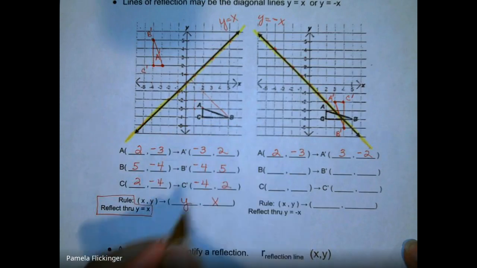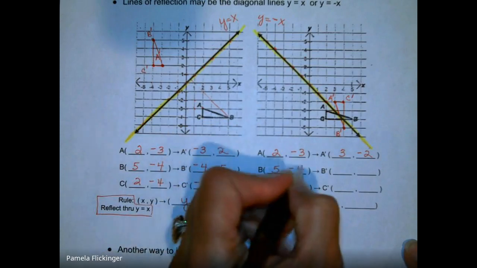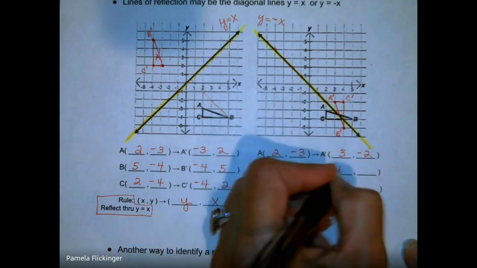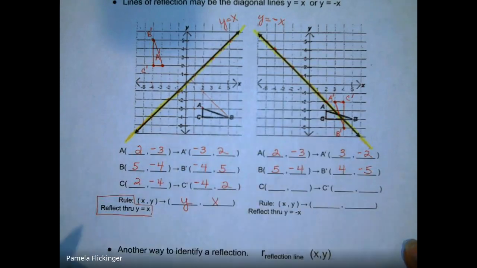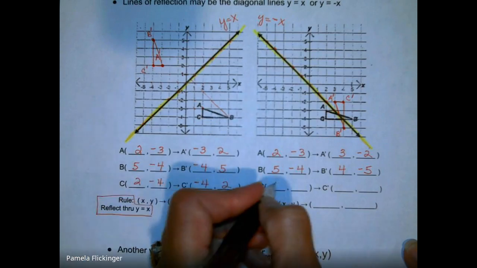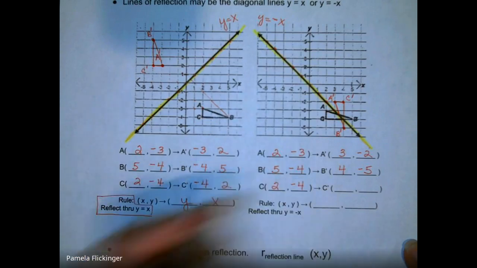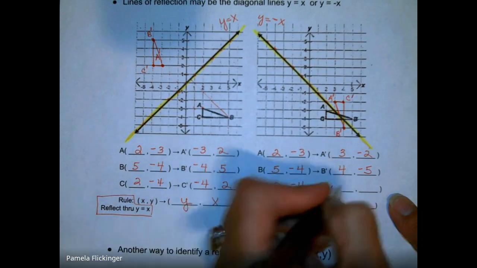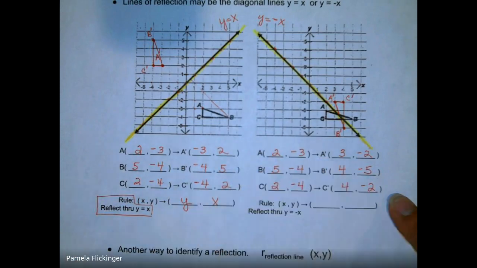B, which started as 5, negative 4, B prime went to 4, negative 5. And C started at 2, negative 4, and then it became 4, negative 2.